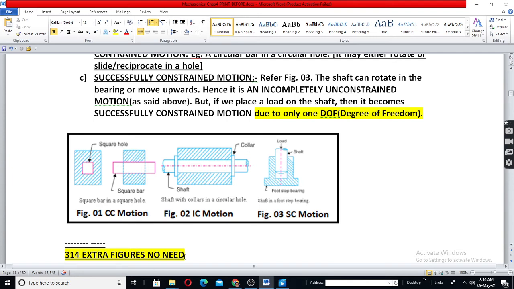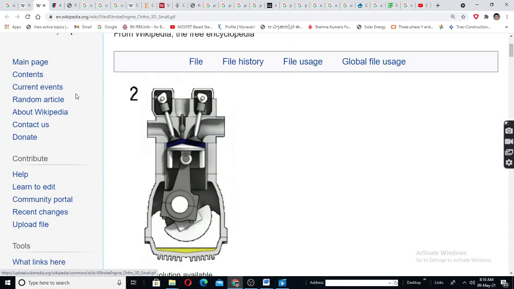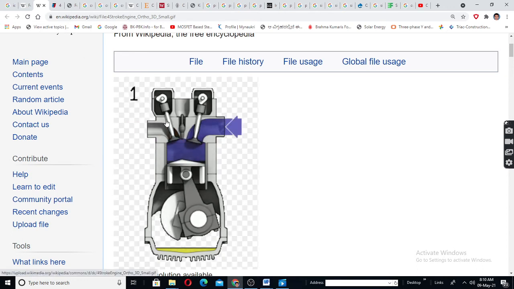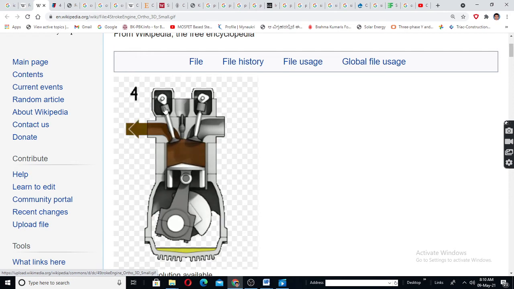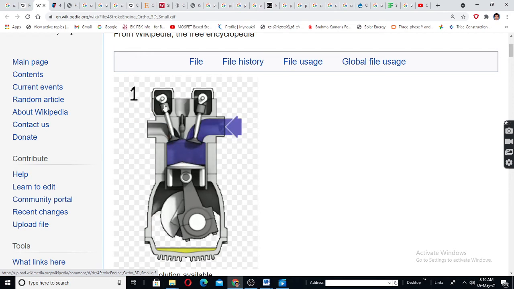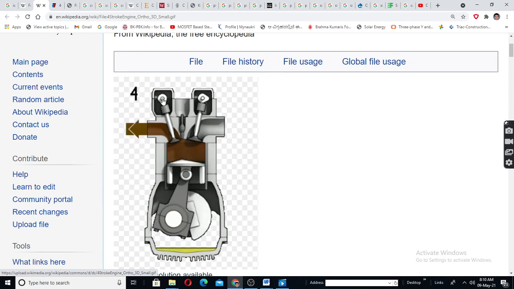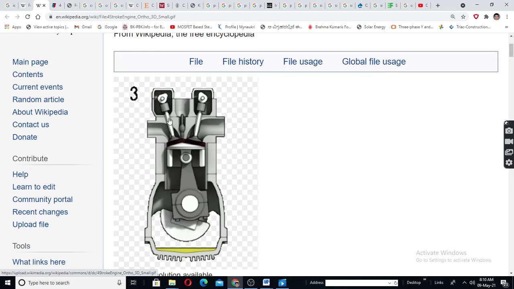In cam and follower, there will be spring action. This will be put in the spring, held upward by the spring. Now, the follower actually makes linear motion.